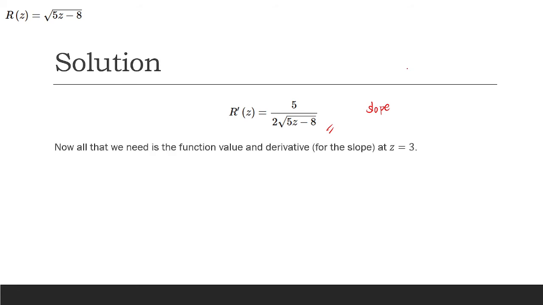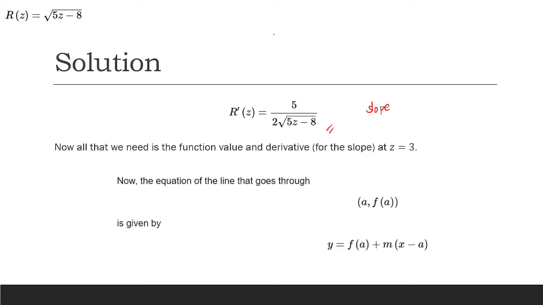So what we need is the function value and the derivative for the slope. Remember kasi na if you want the equation of the tangent line, diba, we need to make an equation of a line. The tangent line goes through one of your points, which is at z is equal to 3.